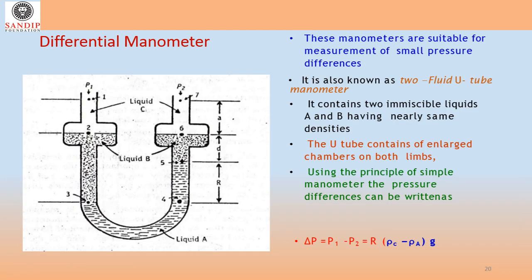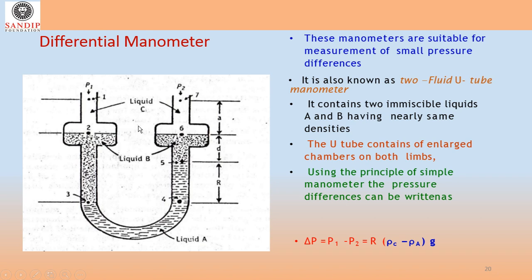Now let us see the next one, that is the differential manometer. This manometer is most probably utilized for measurement of small pressure differences. It is also called the two fluid U-tube manometer. Again it contains two immiscible liquids, A and B, which have nearly the same density, and the U-tube contains enlarged chambers on both limbs.